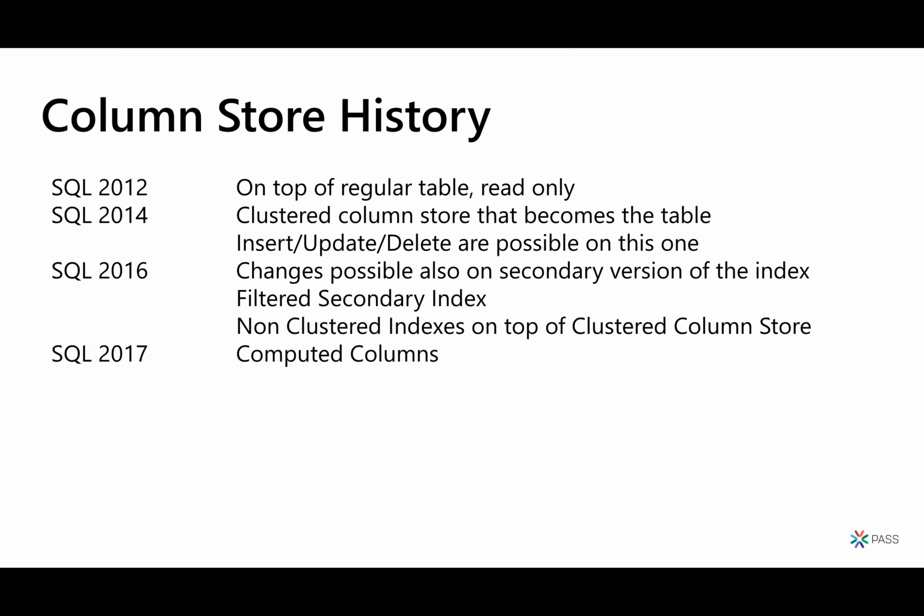I'll get to that later. And then computed columns in 2017 that you finally could add to a column store, and in 2019 you can rebuild or build the indexes now in an online way, so you're not taking them offline during the rebuilds. Well, it's a quick history about column store.